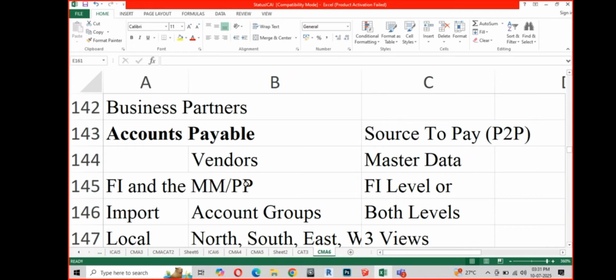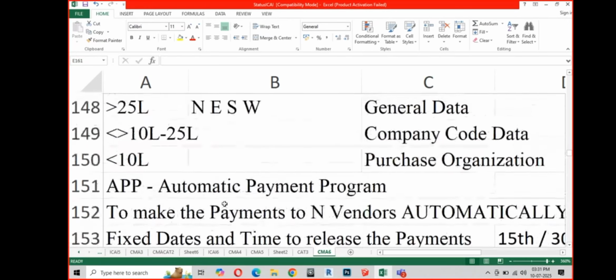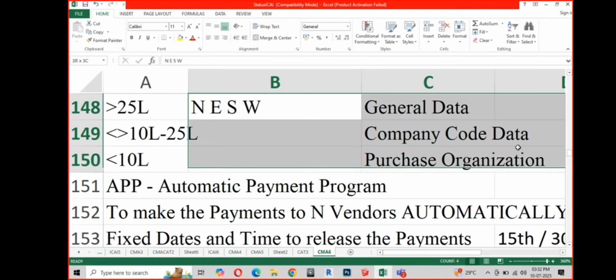Now, who is responsible for what portion of the master data? The vendor master data contains 3 different levels or 3 different views: your general data view, the company code data view, and your purchasing organization level of data.